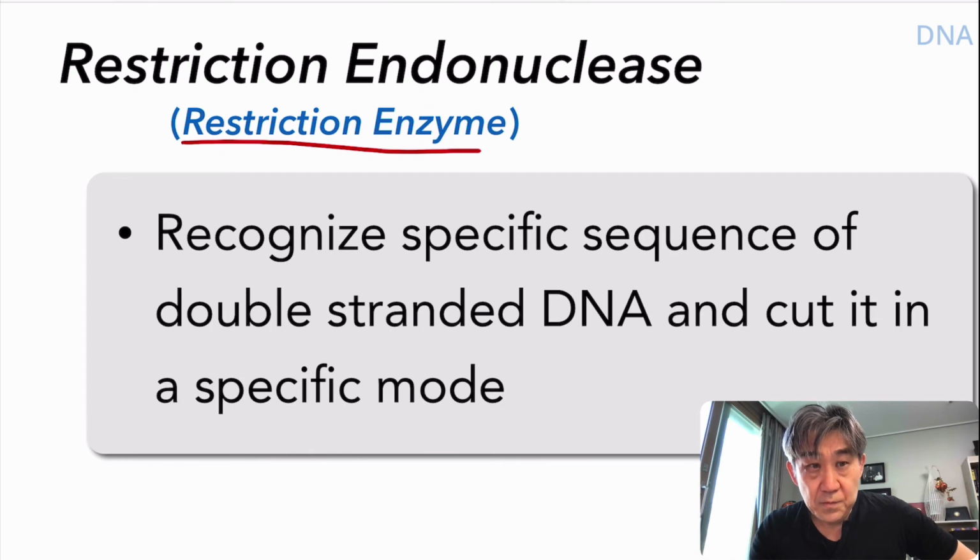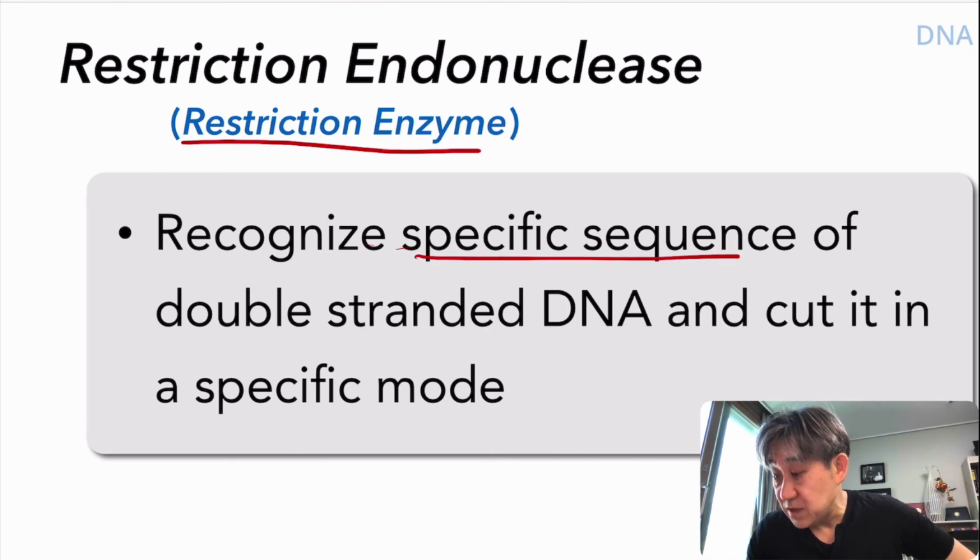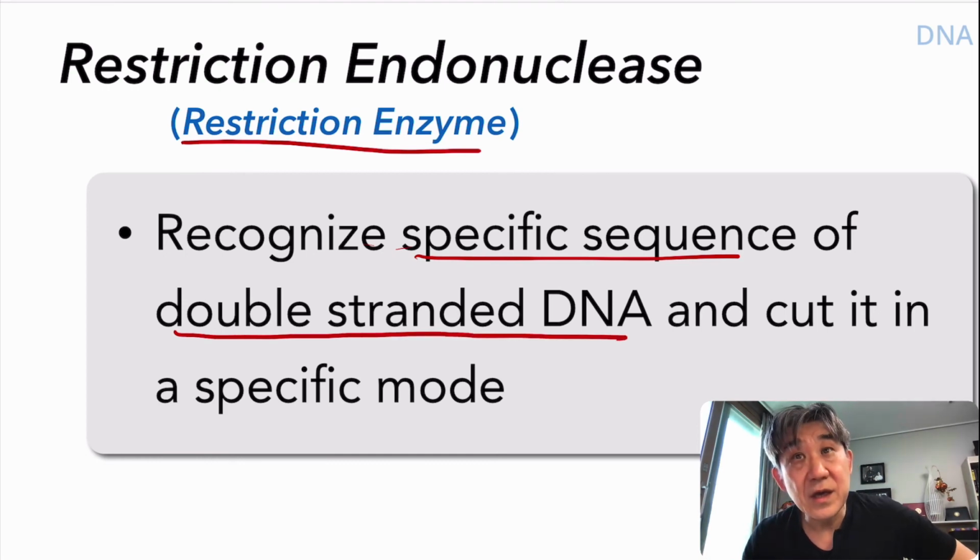Basically, restriction endonucleases, or restriction enzymes, can recognize a very specific DNA sequence, but that DNA should exist in double-stranded form. So this restriction enzyme cannot cut RNA, which is single-stranded, and also cannot cut single-stranded DNA.